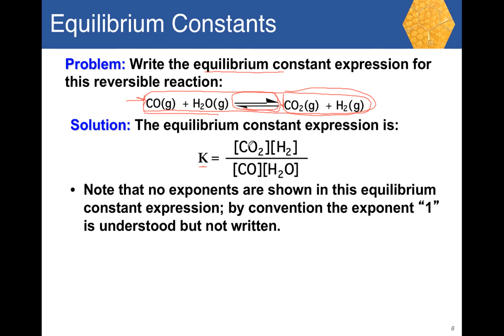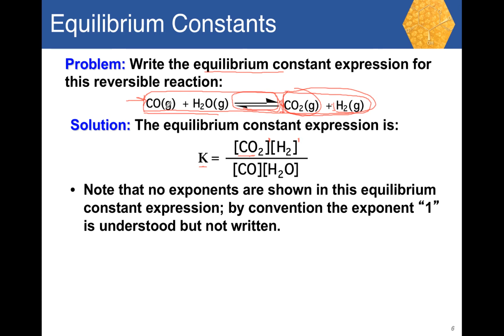So here we go. CO2 is a product, and here it is. Notice it's raised to 1. Typically 1 is not written because it's understood, because the coefficient here is 1. Hydrogen is a product, here it is, and the coefficient is 1, so it's typically not written.